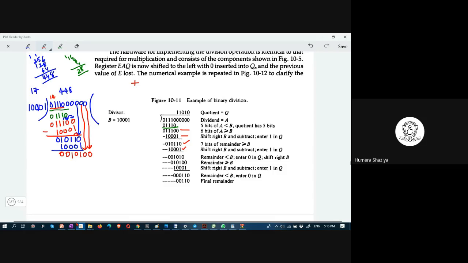Then this is 0, 0, 1, 0, 1, 0. So this is less than. So then you are bringing one more 0. Now the remainder is greater. So you get 0, 1, 0, 1, 0, 0. Right. Okay. We are going correctly.